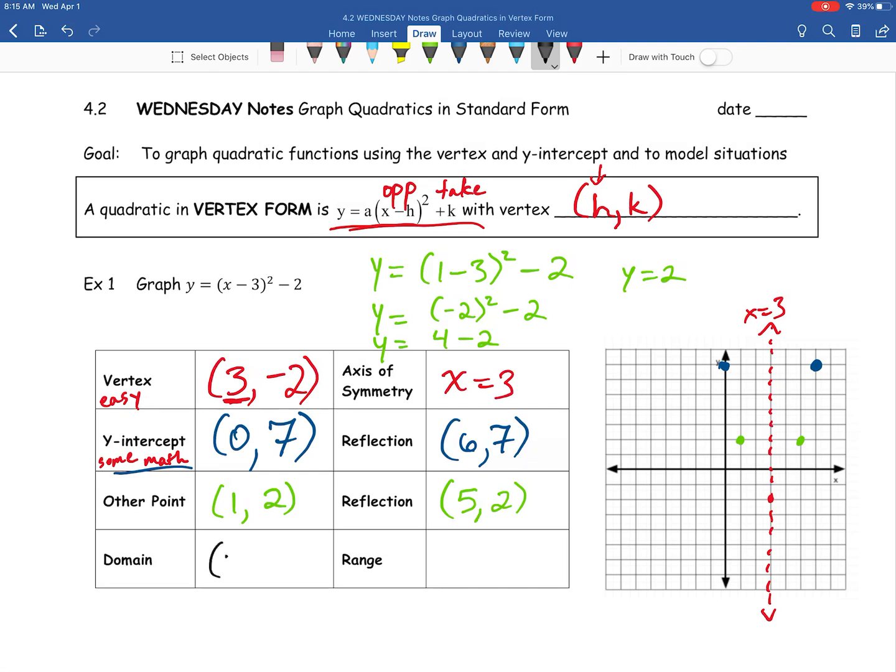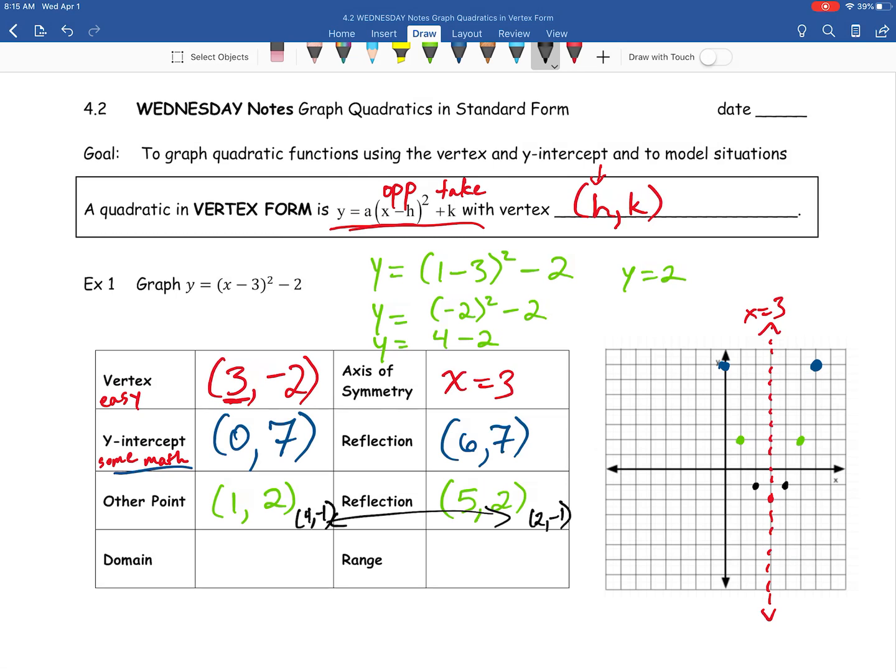If you plugged in 4 instead, you should get a value that's negative 1, and your reflection point would be 2, negative 1. These can flip-flop too, depending on which ones you picked. But those are some of your other coordinates to help you out with the general shape of this graph.